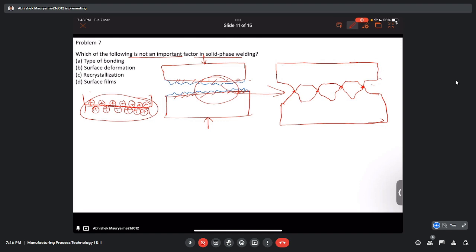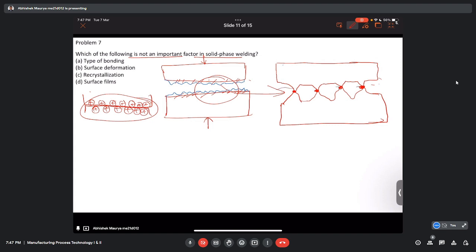Right now that kind of region is very small, because we haven't applied any load. We had just brought them together by hand, so only a very small contact area is established, not sufficient for permanent bonding between these two surfaces.